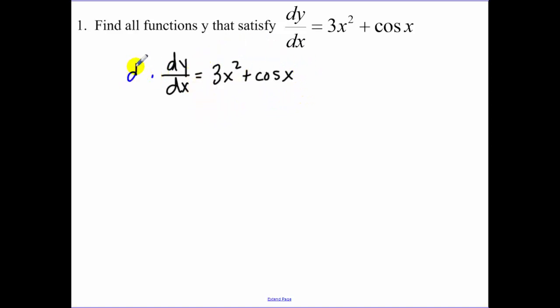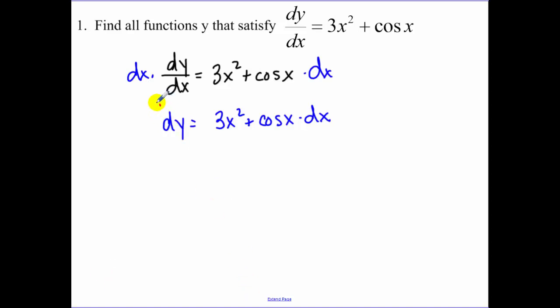So I'm going to multiply both sides by dx. So therefore, I'm going to have dy on the left side equals 3x squared plus the cosine x times dx. That's called separation of variables. We're actually going to be doing more of that when we get into a later chapter.